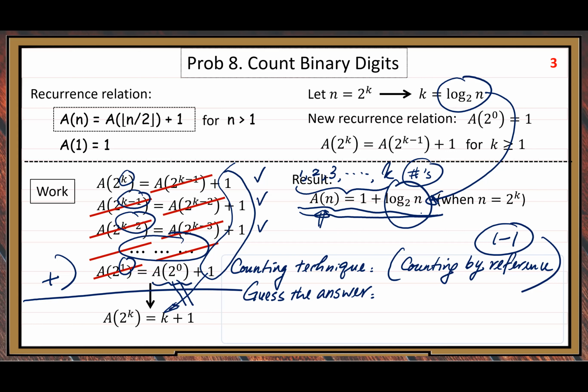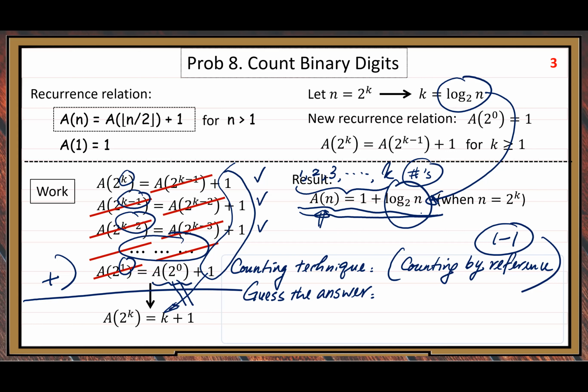We know log base 2 of n is not an integer expression in general. How can we convert it to an integer expression in a simple, easy way?